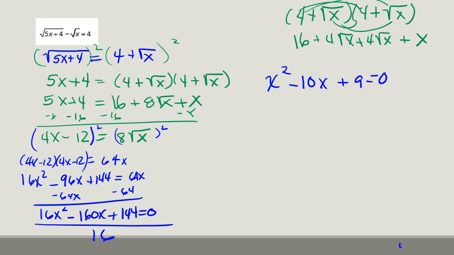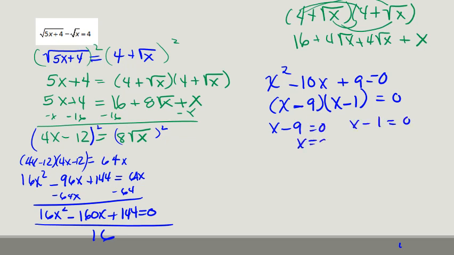And then I need factors of 9 that add to 10. So x minus 9 and x minus 1 equals 0. Setting those equal to 0, I'm going to get x equals 9 and x equals 1. Okay. And then I've got to check to make sure that they work.